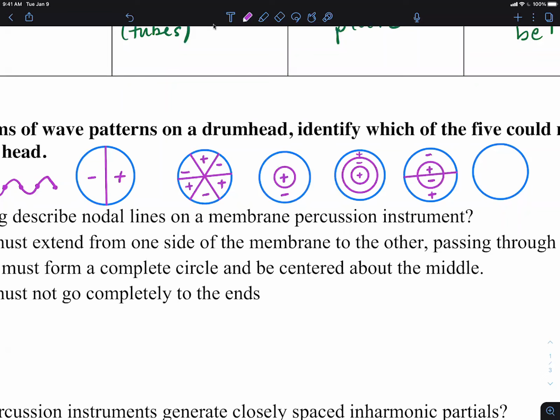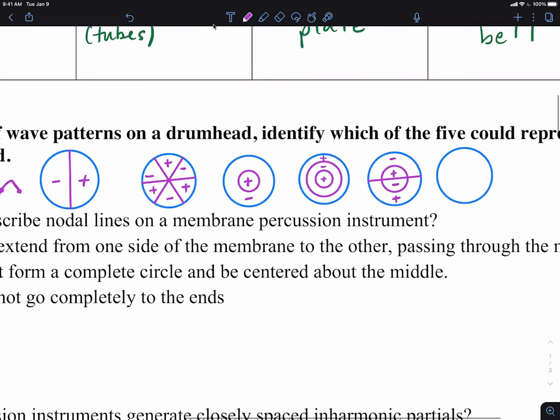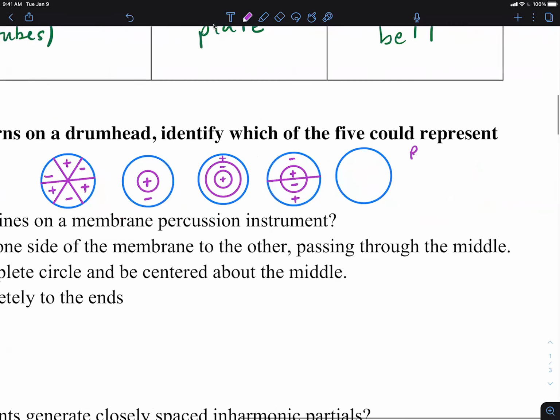But the rules are, nodal lines must go from side to side through the middle. So all the way across and through the middle.